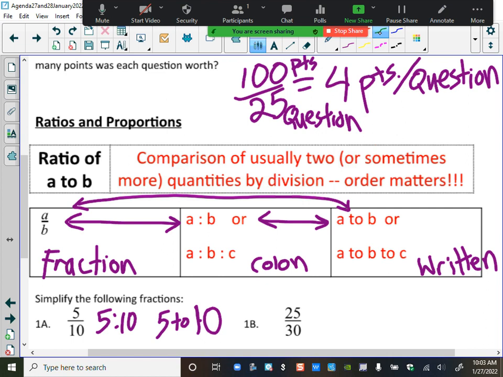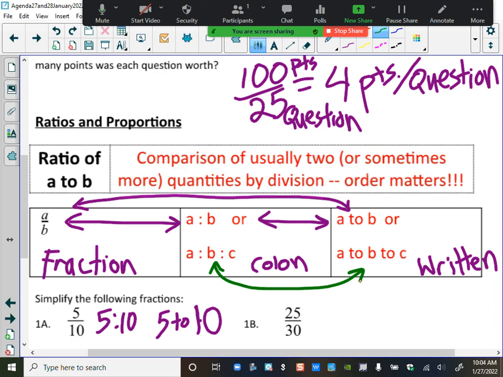And then similarly, if it's three or more, it's going to be more in colon or written form, if you're going to compare three values. Because with fractions, it gets a little tough, because if you put A over B over C, that gets a little weird.